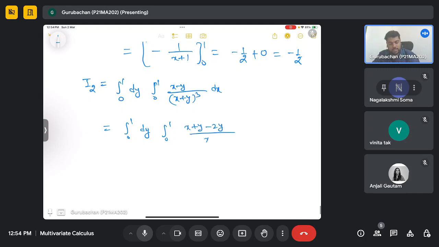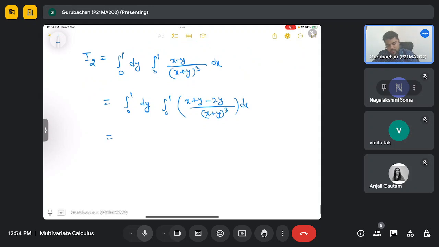So it will be like this dx. So this will give us 0 to 1 dy, 0 to 1, 1 by (x plus y) cube, and separating these two integrals, minus 2y divided by (x plus y) cube dx, 0 to 1.